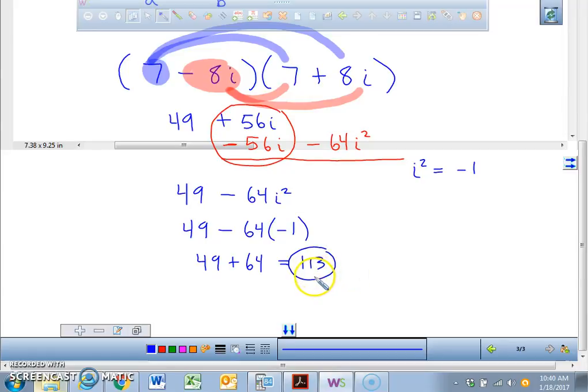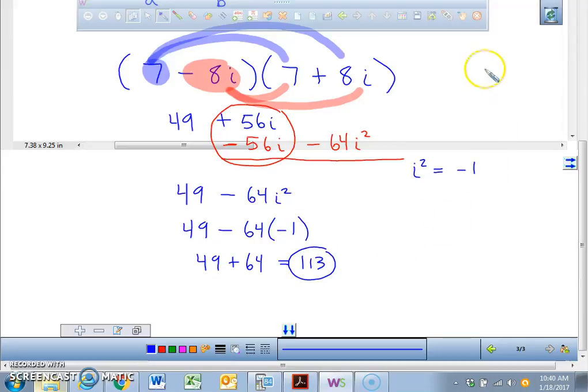Notice, the number 113 doesn't have any i's or i squared, it's just a whole number. Yes, the complex conjugate gets rid of all of your imaginary numbers and makes your denominator a whole number.